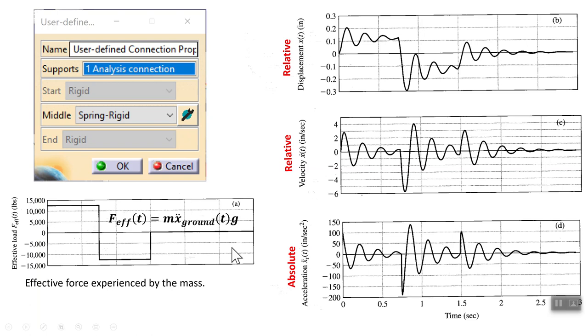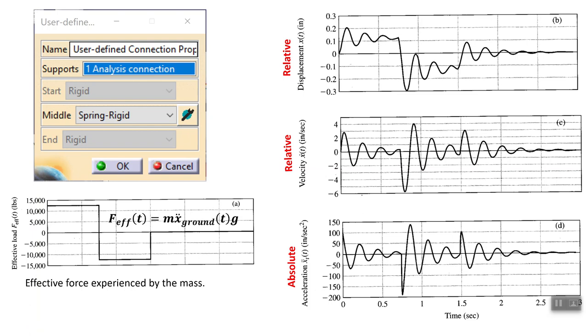Although we are not using the force excitation, we are not doing anything with force. If you take the acceleration of the base and multiply it by the mass of that floor, what you get is the effective force.